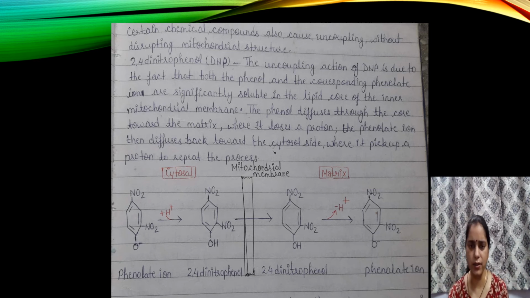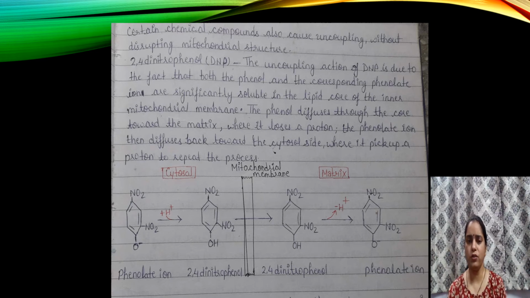You can see here in the structure, in the cytosol, the phenolate ion accepts a proton and is converted into the 2,4-dinitrophenol form. Then the 2,4-dinitrophenol form enters through the mitochondrial membrane into the mitochondrial matrix. Then 2,4-dinitrophenol releases the proton and is converted into the phenolate ion. That means whatever proton gradient is formed due to electron transport, due to this 2,4-dinitrophenol, it collapses.